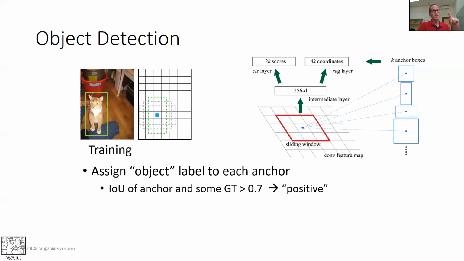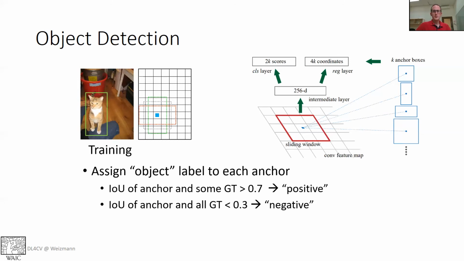We don't really need to be 100% accurate. We don't really need to be without any misses. This is only the first stage. We only want to reduce the number of proposals from millions to a few thousand. So if we have enough overlap, then this is a positive.